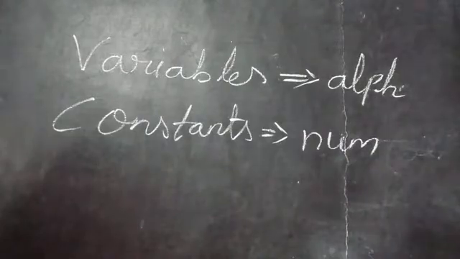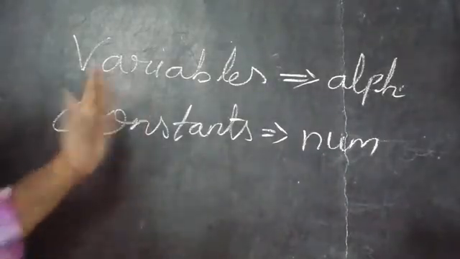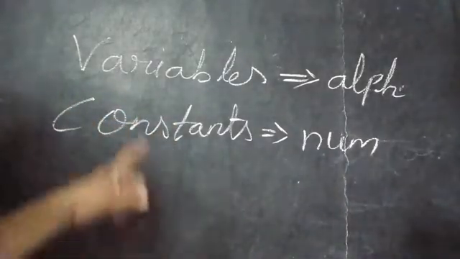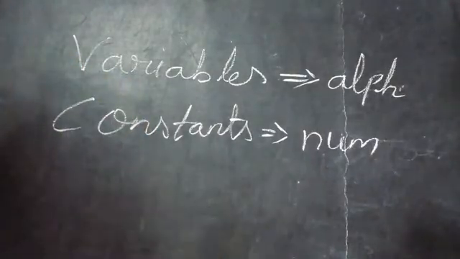So we leave O and write the remaining alphabets, which are called variables. Constants are those which will not change, and variables are those which will change.